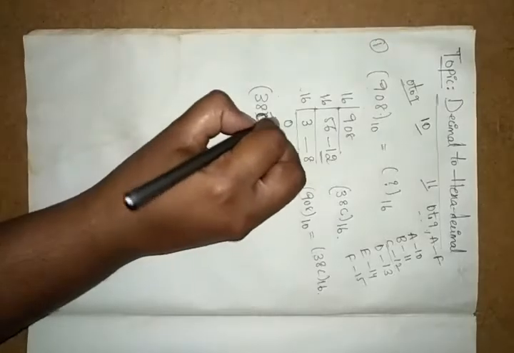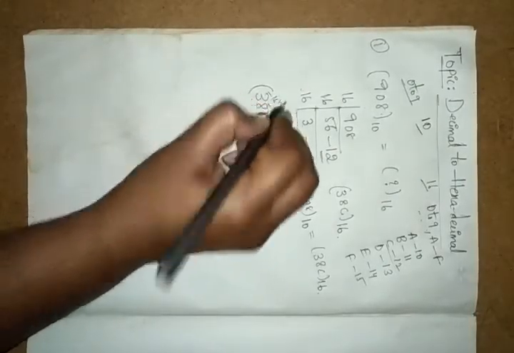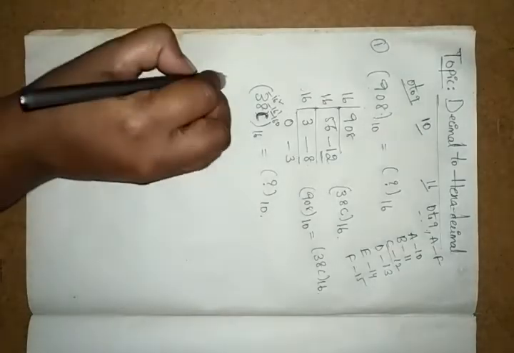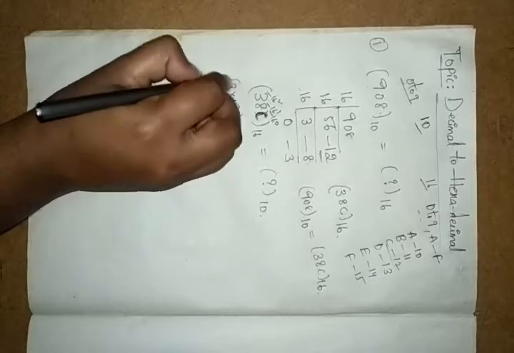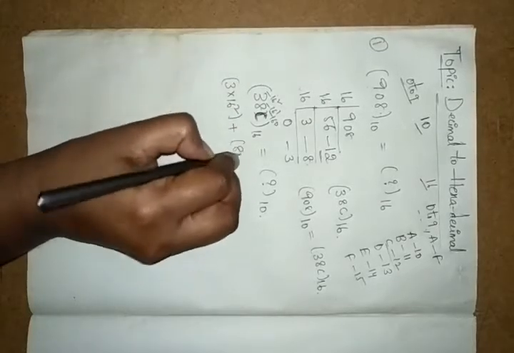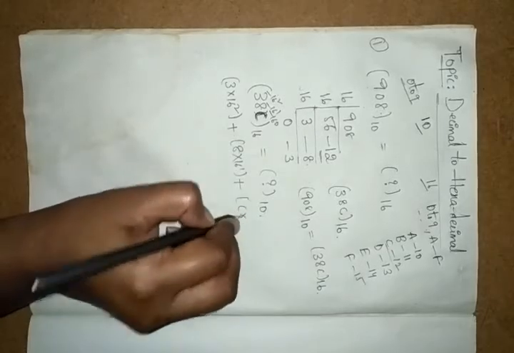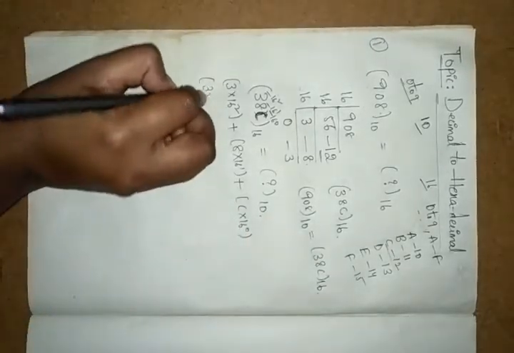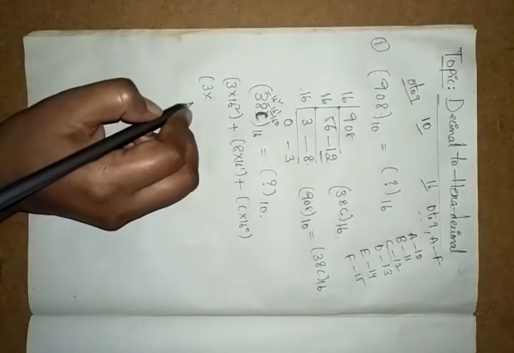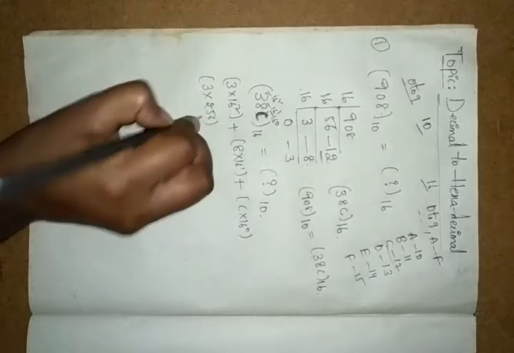16 power 0, 16 power 1, 16 power 2. So 3 into 16 power 2 plus 8 into 16 power 1 plus C into 16 power 0. 16 power 2 is 256.